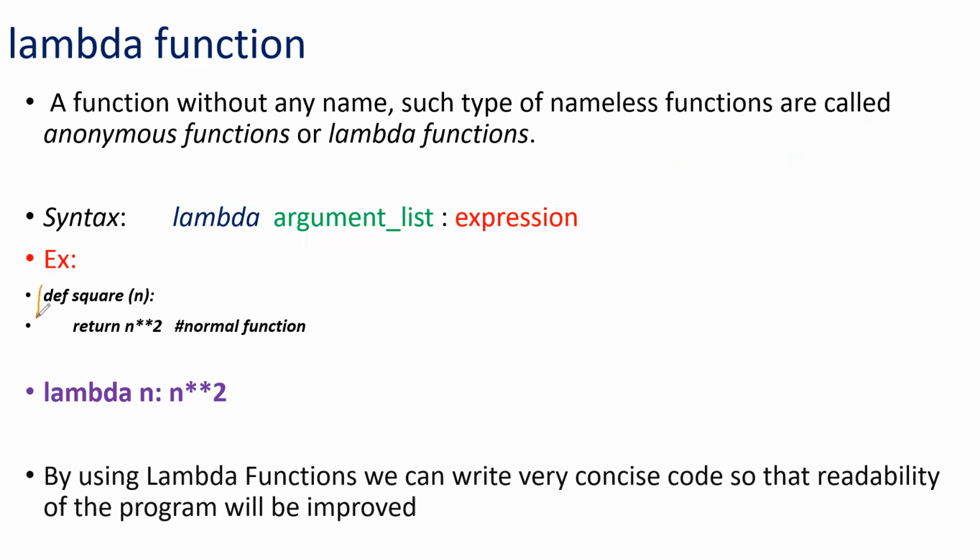Now you can check here. This is the regular way of creating a square function. Square is the name of the function, n is the argument, and it returns n star star 2, meaning power of 2. If I want to use this, square of 4 is nothing but 16. Now, if I want to write the same function with lambda, it's simple: lambda n colon n double star 2.